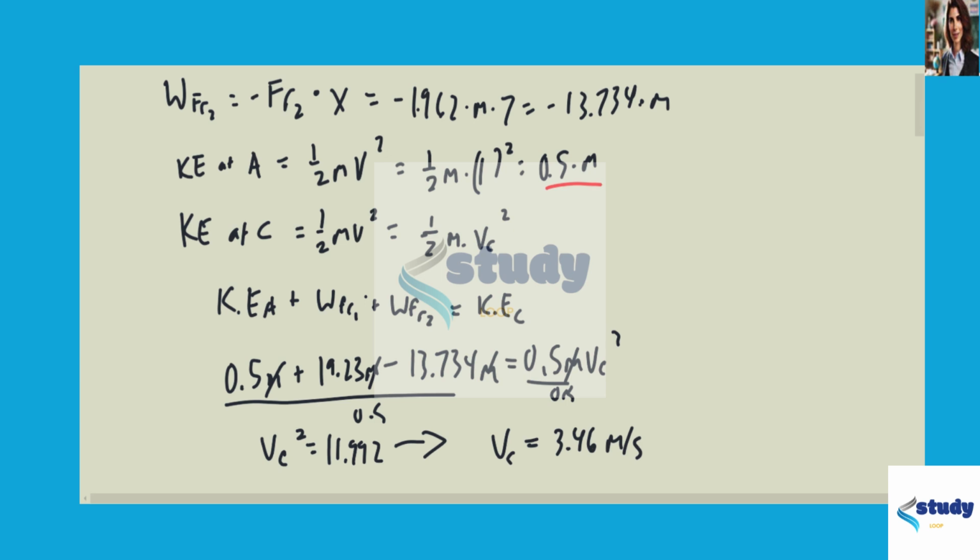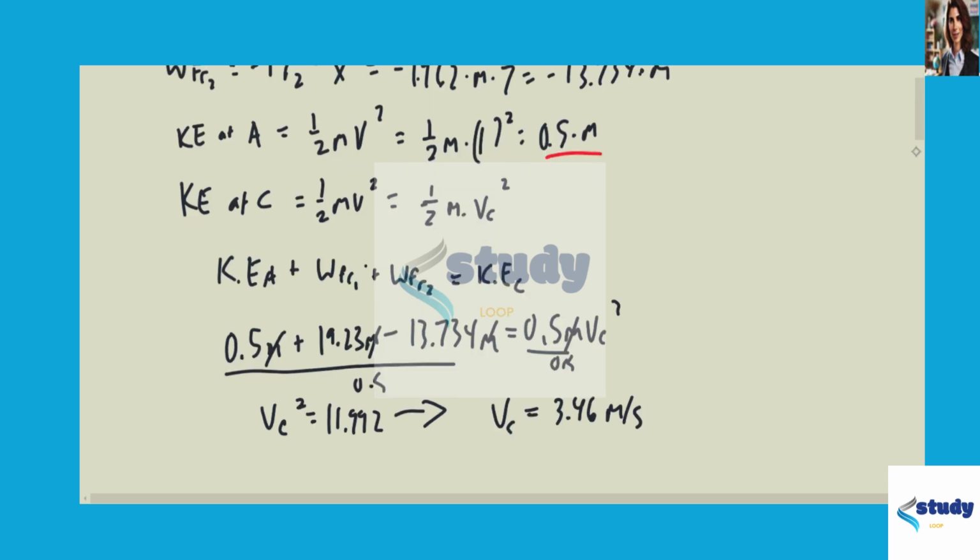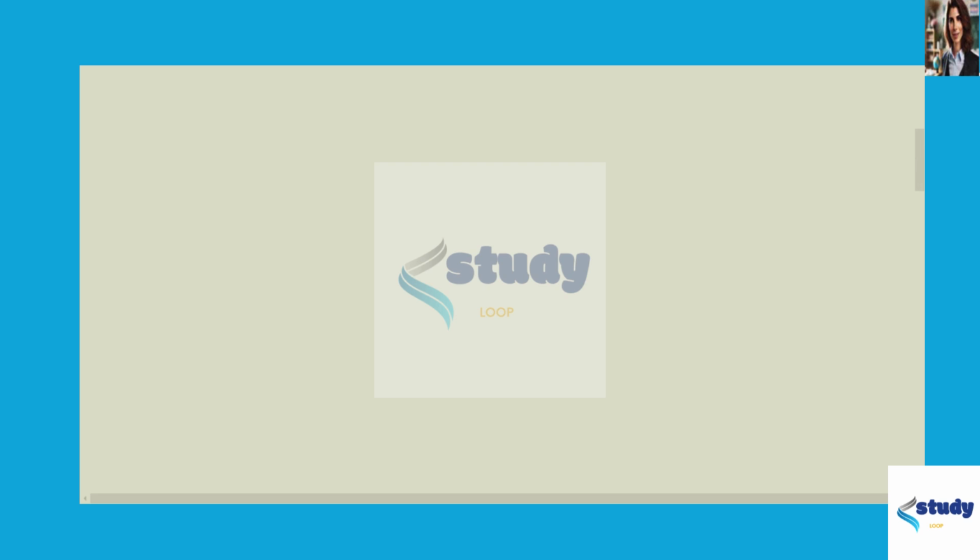That's the final velocity. Now to find the distance, we want to find the work done by the friction on the belt. But first we're going to find the frictional force. It should be the coefficient of friction times the normal force, which is equal to 0.2 times mass times gravity, equal to 1.962 times m.